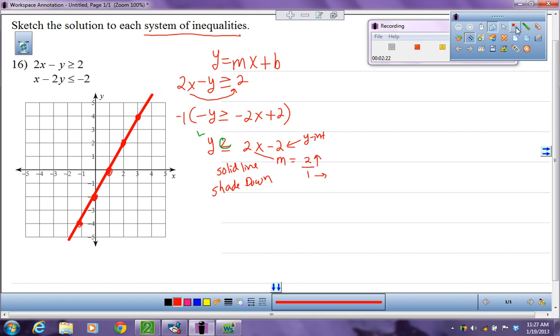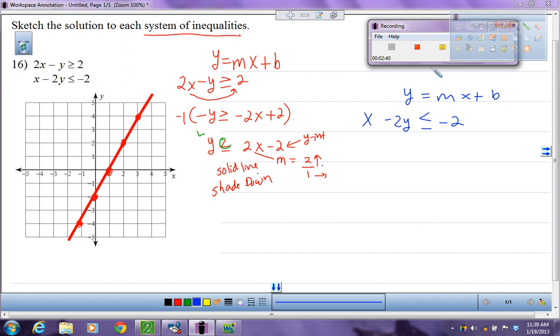On the other one, again, if I follow my model, I can see it has the inequality facing that way. I have a negative 2 over here, and negative 2y and x. So on this one, I can see here that the x belongs over here. That's pretty much the only one I gotta move, right? So you get negative x minus 2.